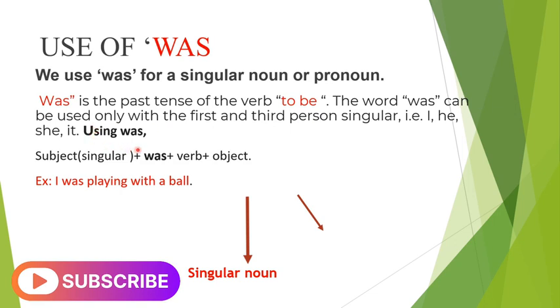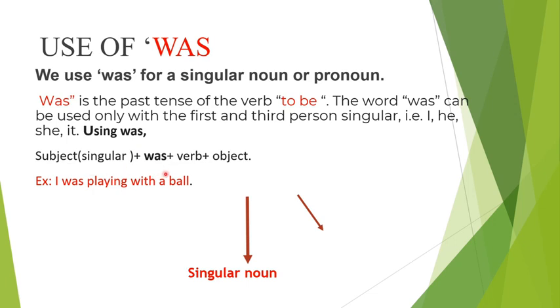Now using was, how do we use was? With subject which has to be singular, like I was plus verb plus object. I was playing with a ball.